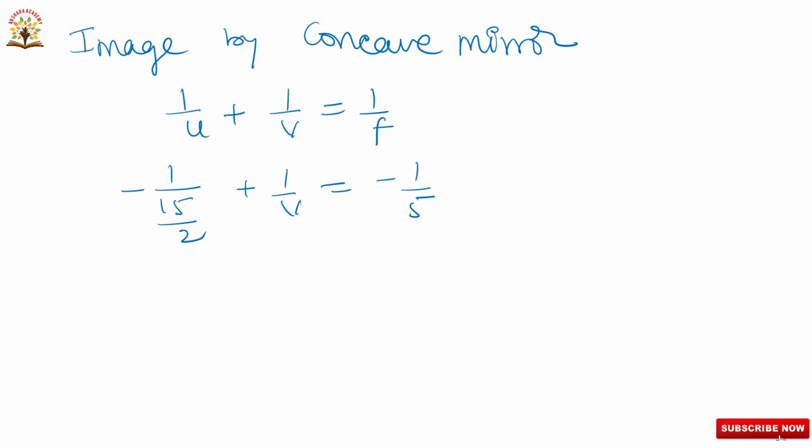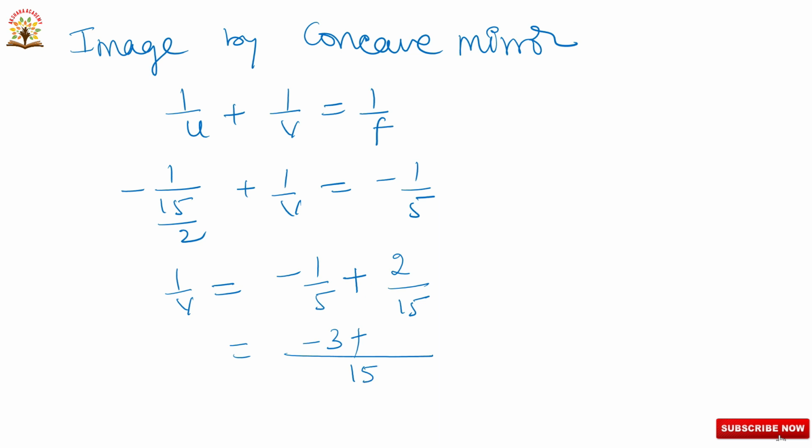Now 1 by v is equal to minus 1 by 5 plus 2 by 15. Now we do the LCM of 5 and 15, which is 15.